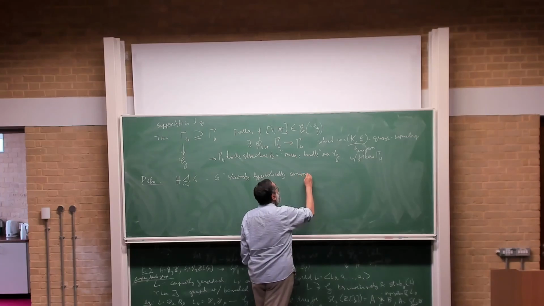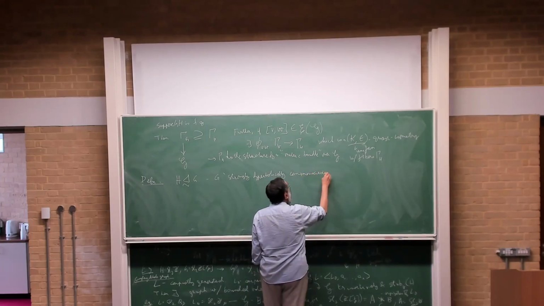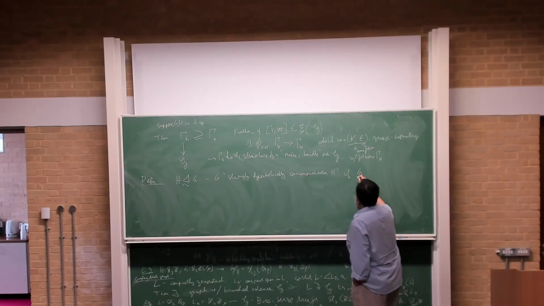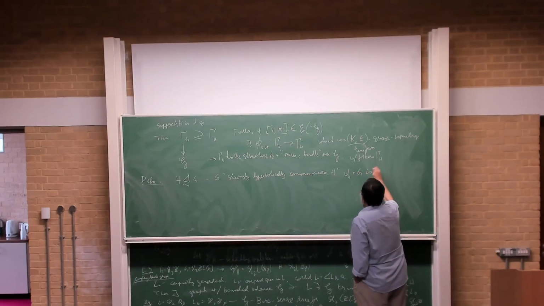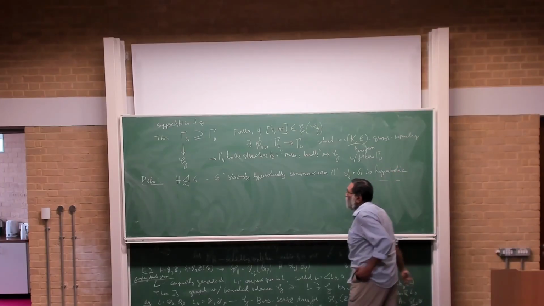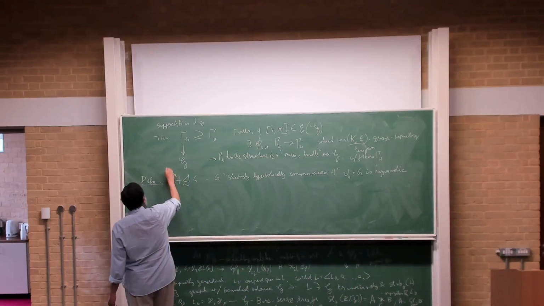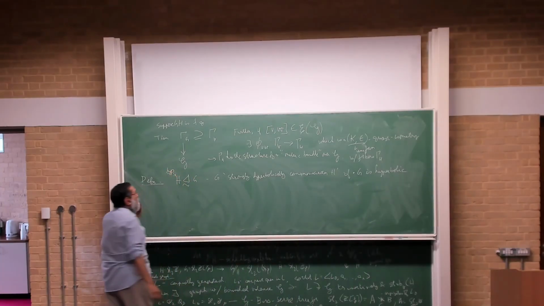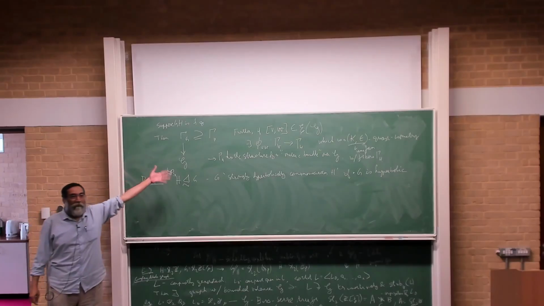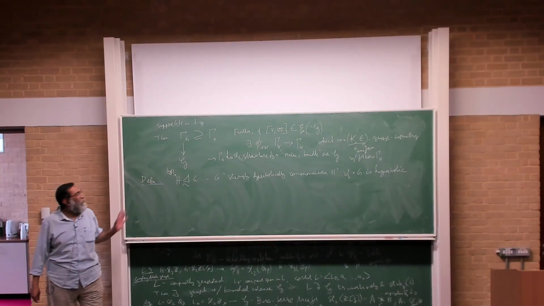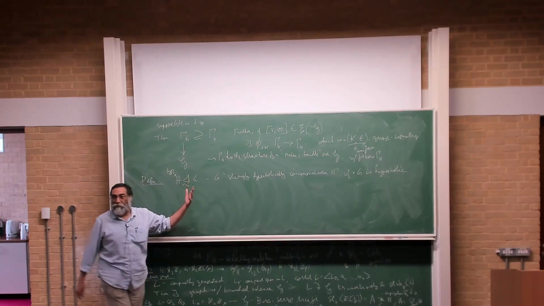commensurates H if G is hyperbolic and H is hyperbolic. So let's put this hypothesis. H is always going to be hyperbolic for us, and you put it in a bigger group, and you say that the commensuration is strongly hyperbolic if the ambient group itself is hyperbolic.